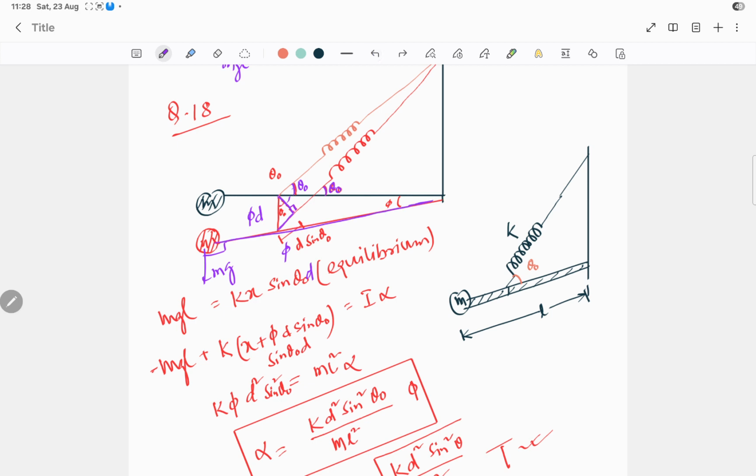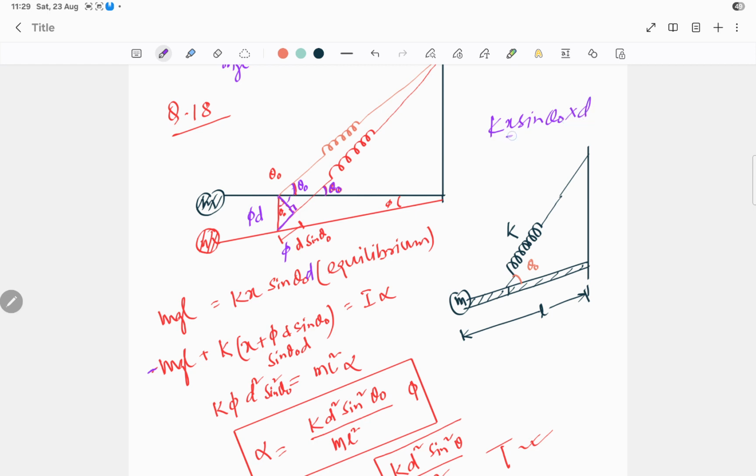So I can write minus mgl, because it is trying to pull it downward in the anti-clockwise sense, and in the clockwise sense kx sin theta will try to pull it upward, kx sin theta into d.